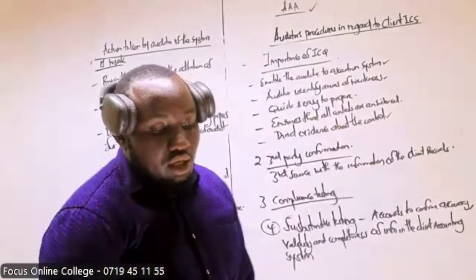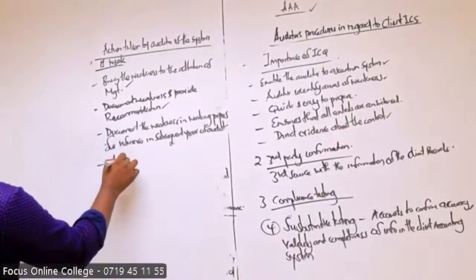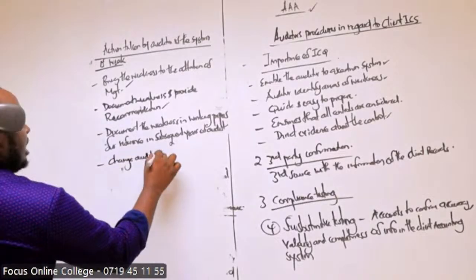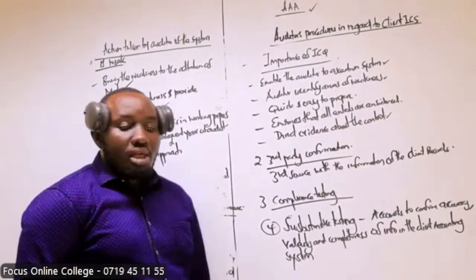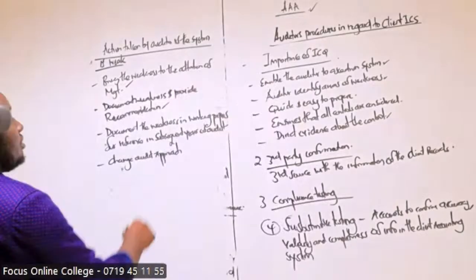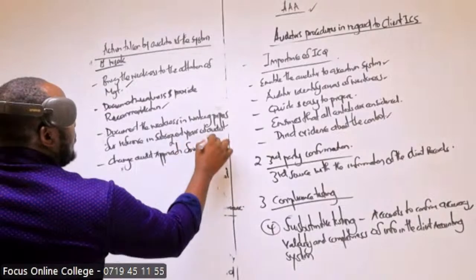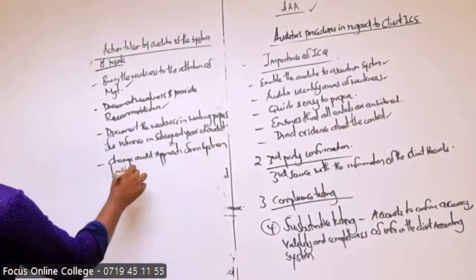You can also change the audit approach, especially when, for example, you had intended to sample just a few documents but now you have to sample a lot. Change the approach from system-based to vouching.